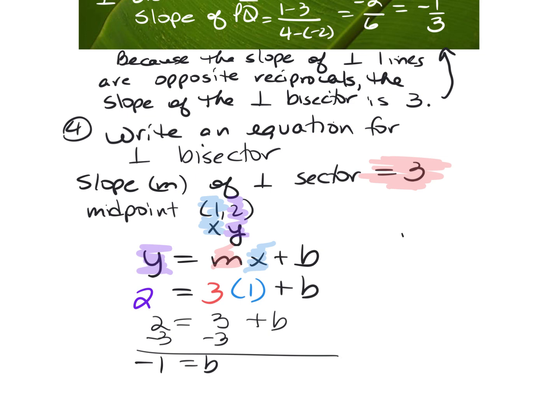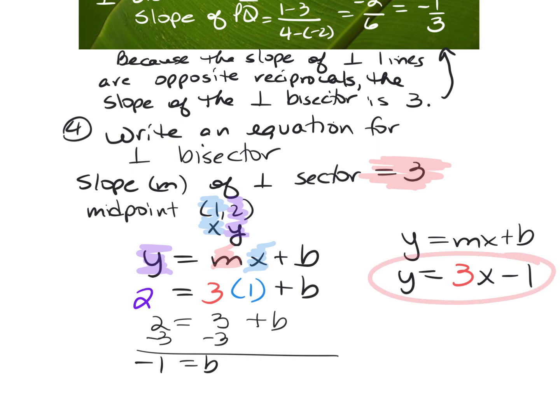So now I need to take y equals mx plus b again and plug in the 3 for the slope and the negative 1 that I just calculated for my y-intercept. My equation of the perpendicular bisector is the equation y equals 3x minus 1.